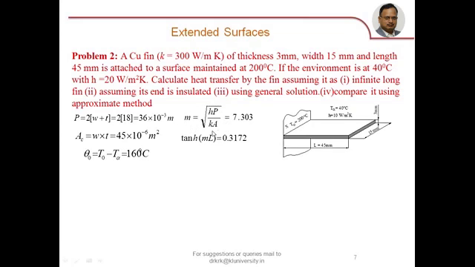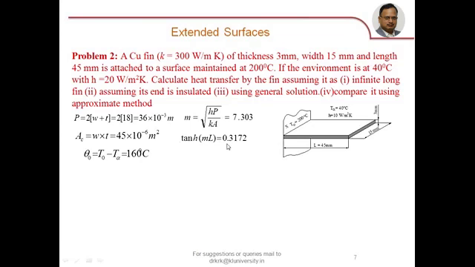Now to calculate m, the most important and the first step in any fin problem is m. To calculate this m, we need h, P, k, A, where P is the perimeter. Perimeter of the fin is 2 times (W plus T), which is equal to 36 into 10 power minus 3 meters. And A, coming after k, is the cross-sectional area of the fin, which is 15 into 3 into 10 power minus 6 meter square.